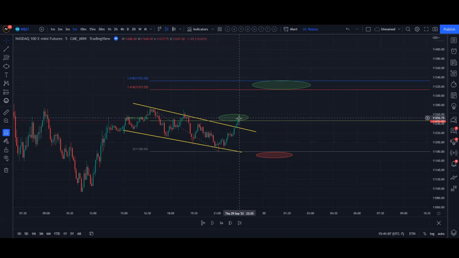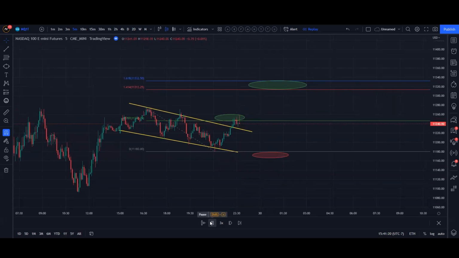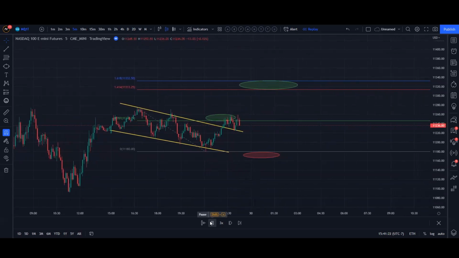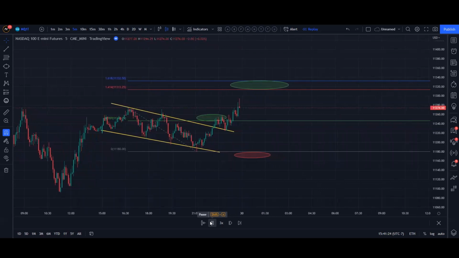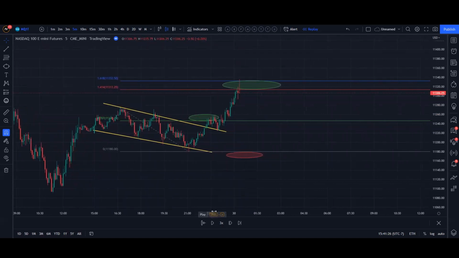But anyway, we are now in the position and we have a stop loss at the pattern low, and our take profits are at the 1.414 and 1.618 level. So let's go ahead and play this out. We do get some fluctuation there, but now it looks like we're approaching our price target.